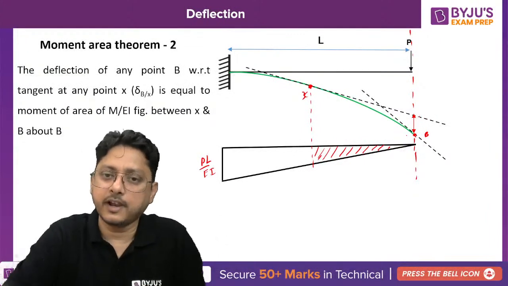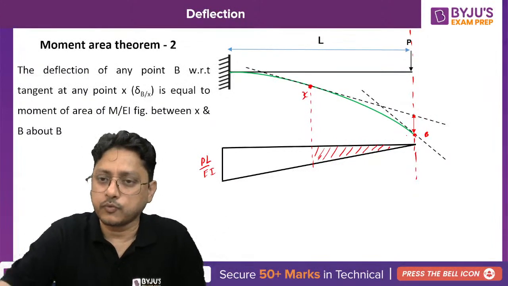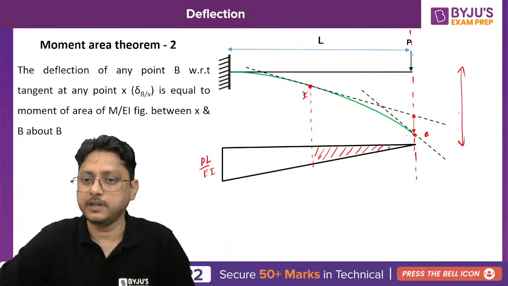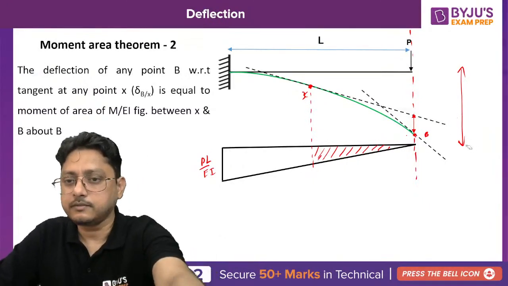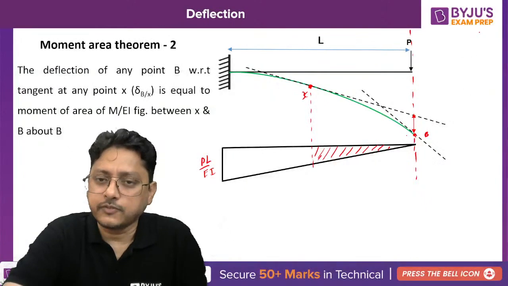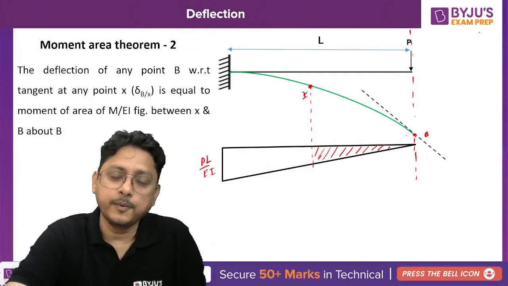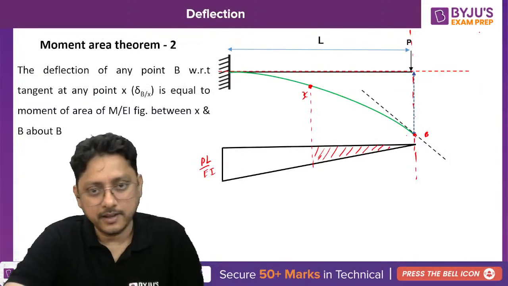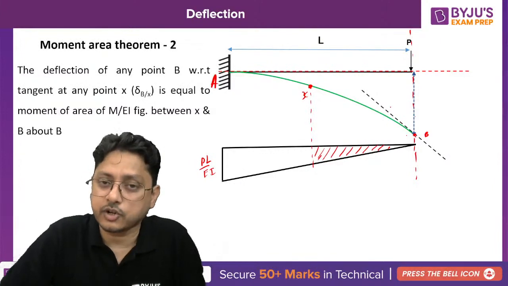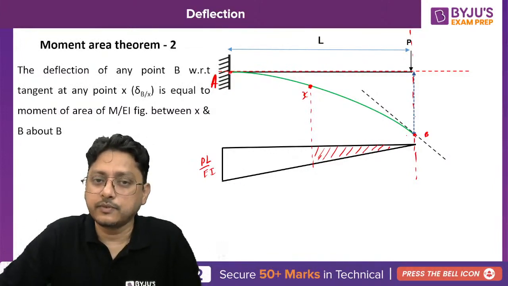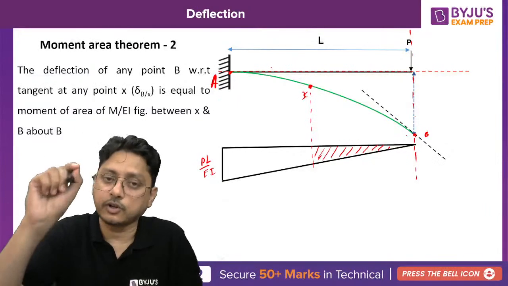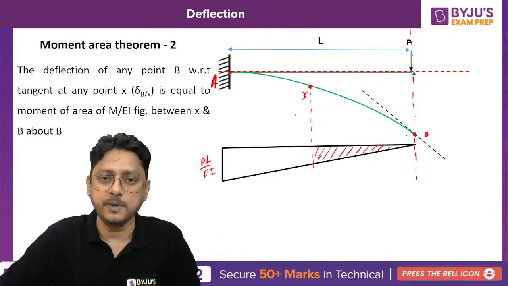Once again, we will now change it. Because we are more interested in the final deflection at B, isn't it? So what we'll do is, instead of drawing the tangent at X, we will draw the tangent at A, because after deflection also there is no deflection at A. So the slope was 0 at A, and the deflection also is 0 at A after deflection of the beam.